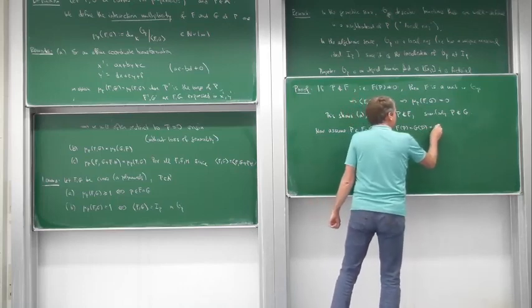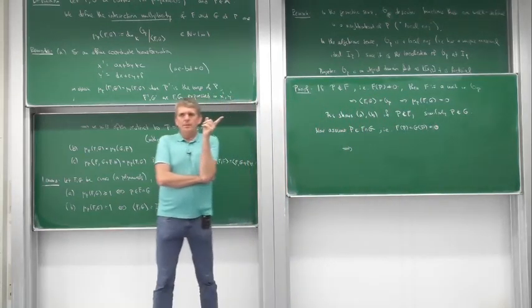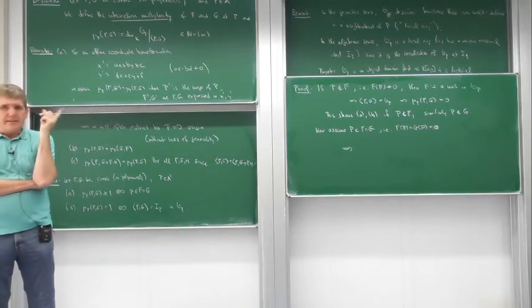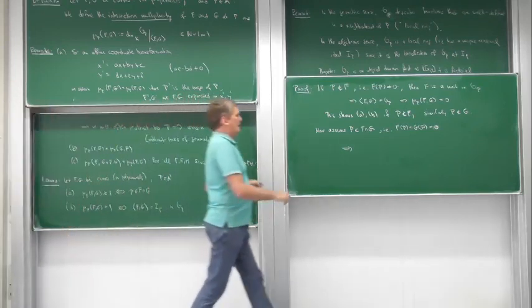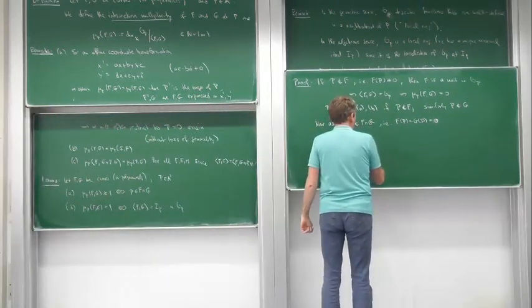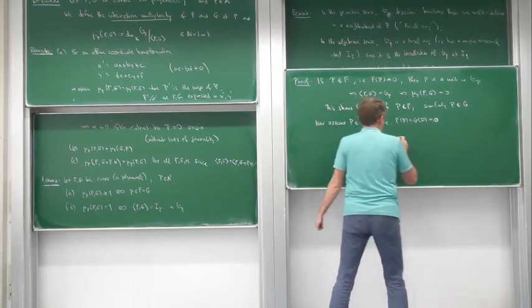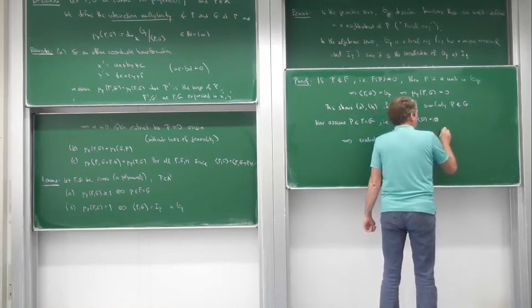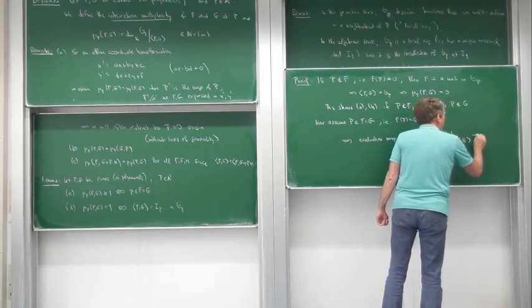What that means is that our evaluation map that we had, from OP to K, evaluating at the point P, factors through, or descends to, a map OP modulo (F, G) to K.